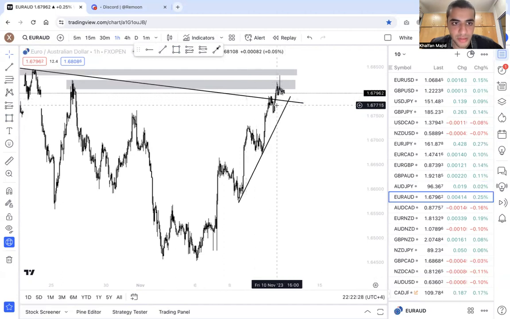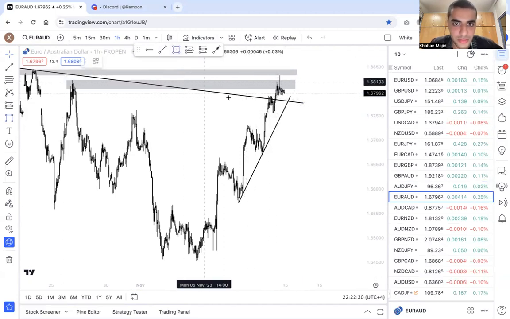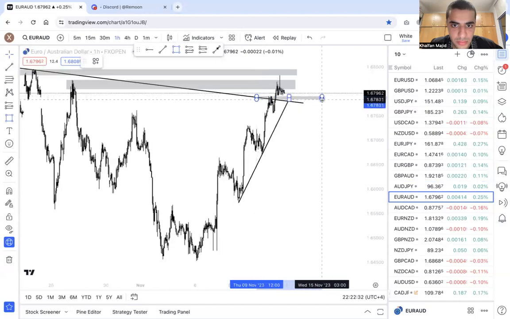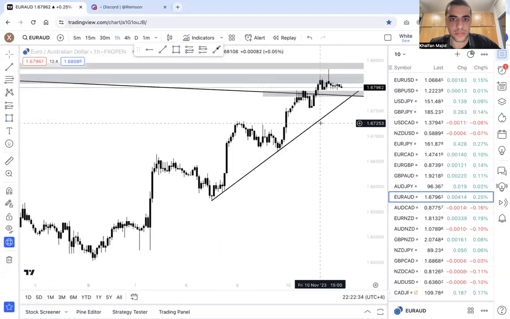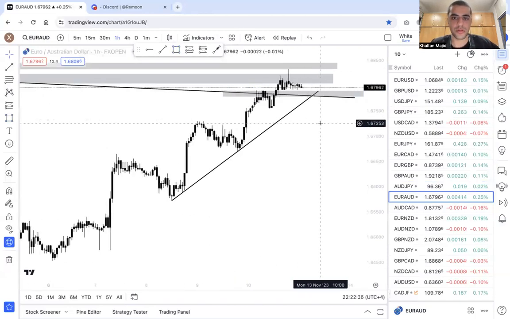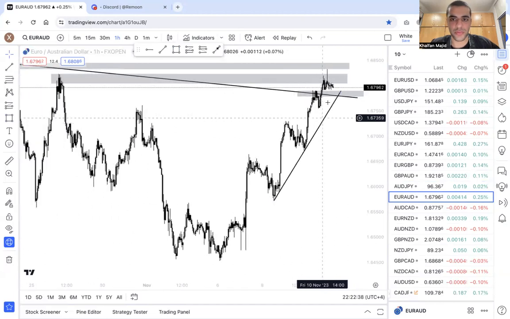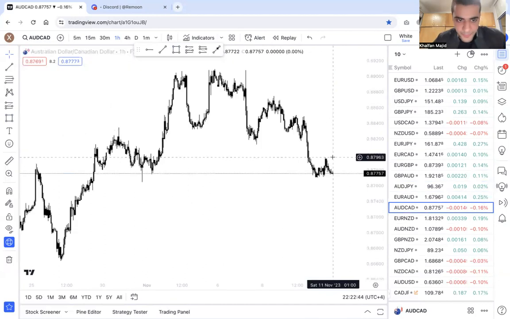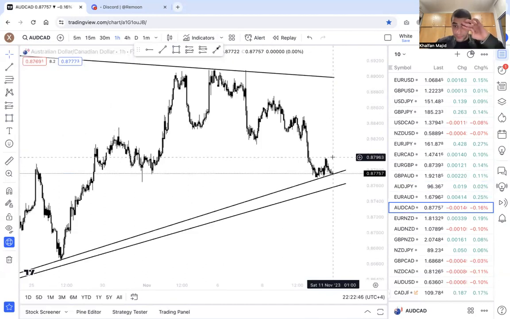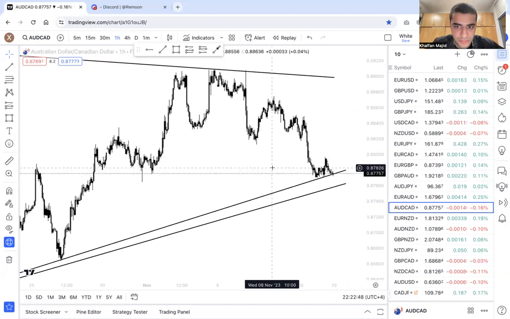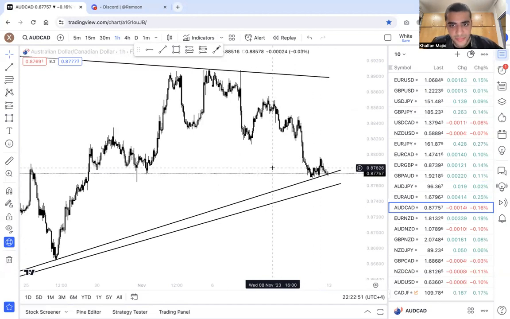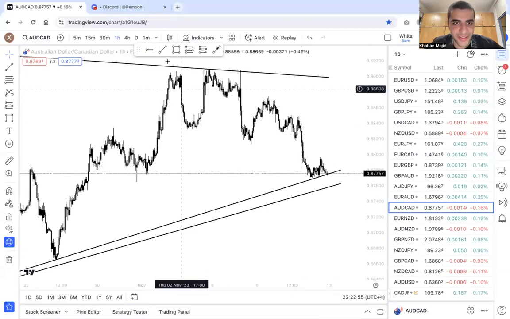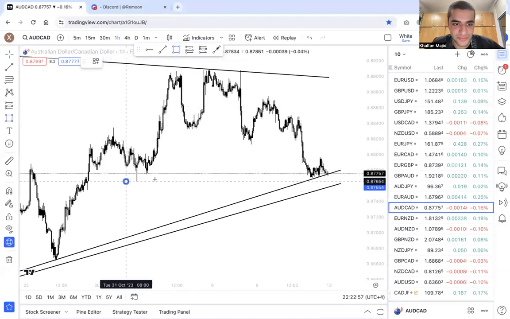And then this could be a break and retest over here. So if it retests over here, then you try. Again for AUD CAD, the sad story that I said one hour ago.